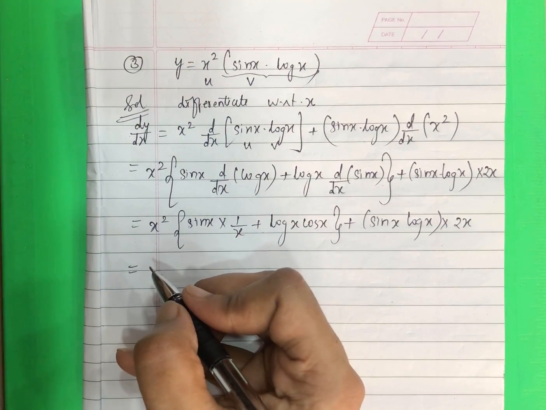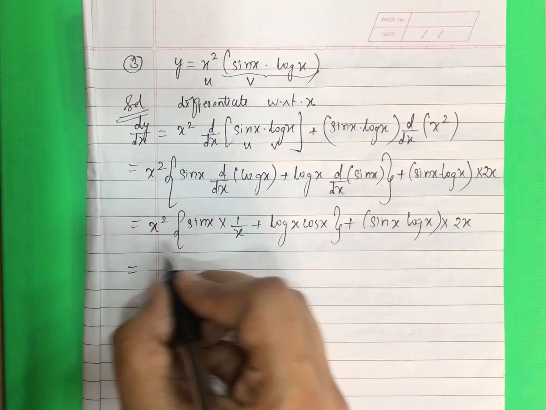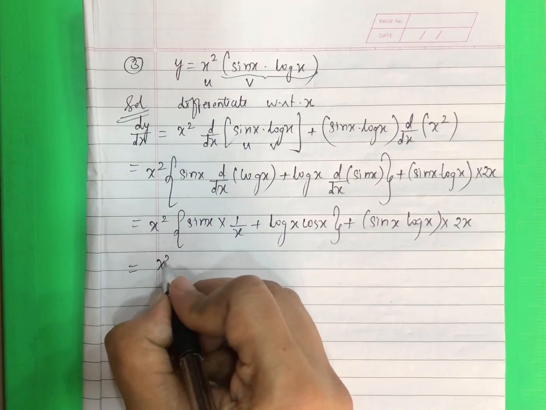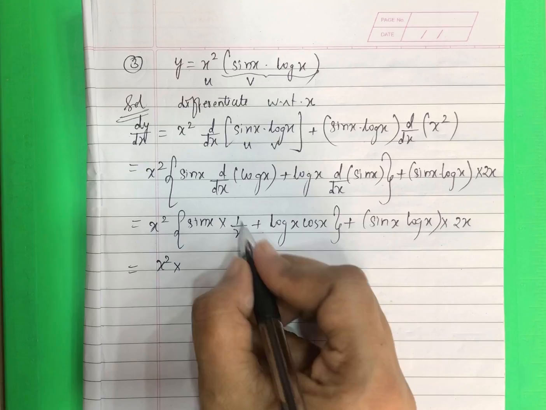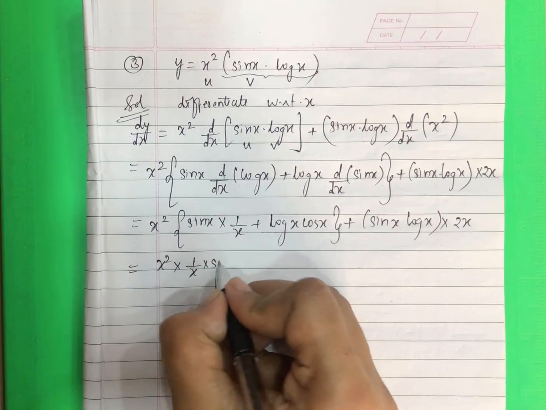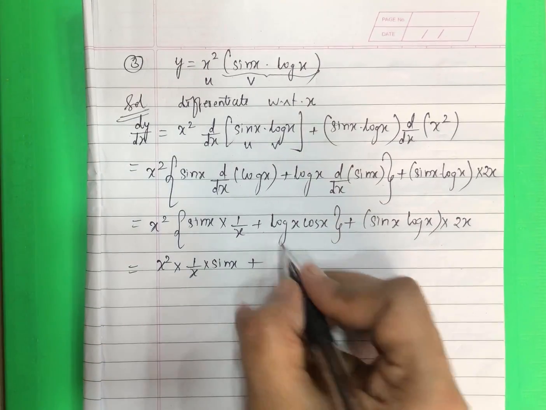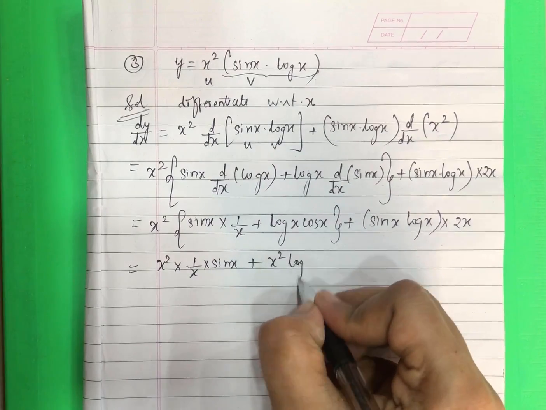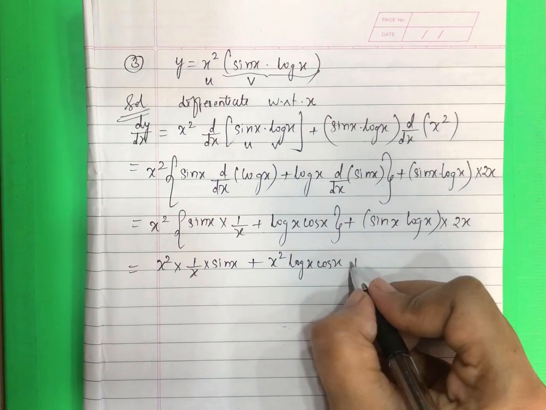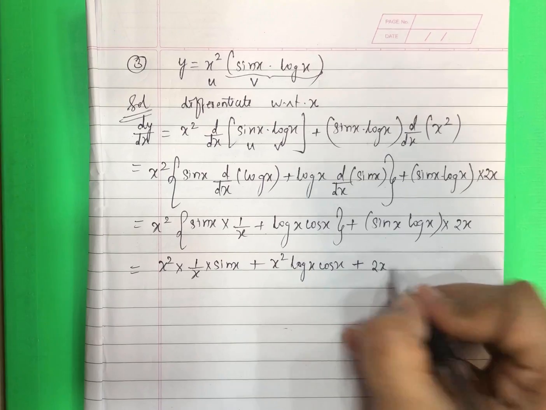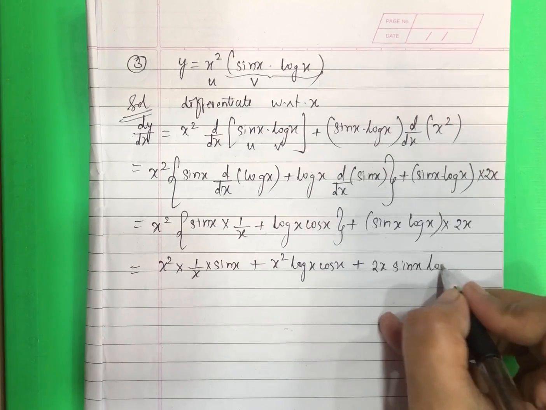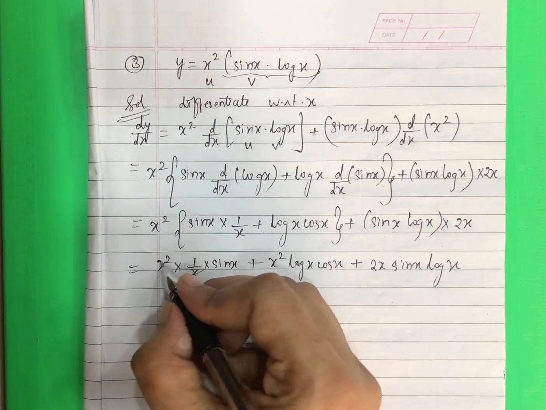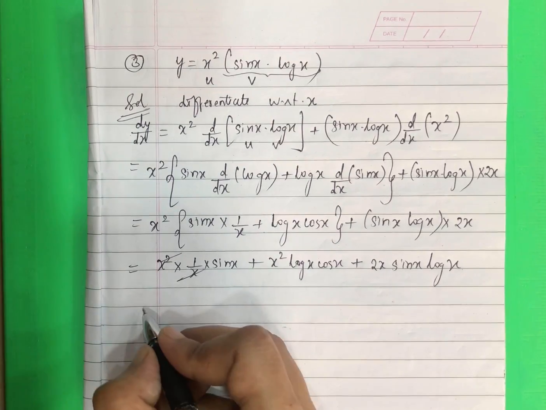So this can be written as, we can open the bracket now, x square into, this is 1 by x into sin x, plus x square log x into cos x, plus this 2x sin x log x. 1x and x we can cancel.